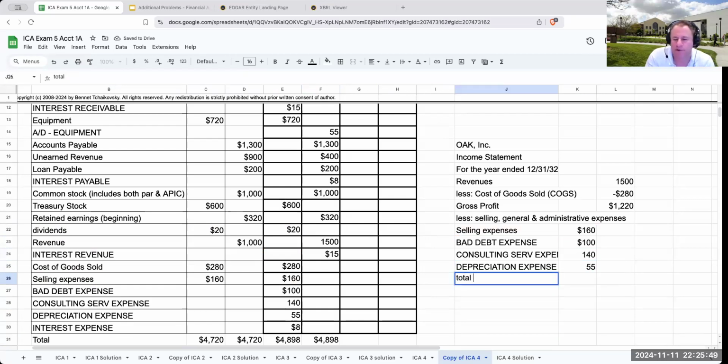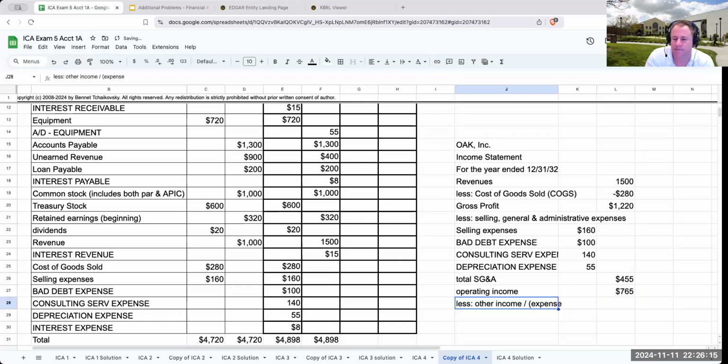So my total SG&A is going to be 455. My operating income is going to be my gross profit minus my SG&A, or 765. These categories are extremely important.